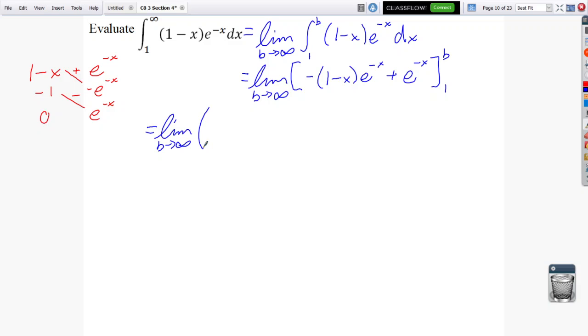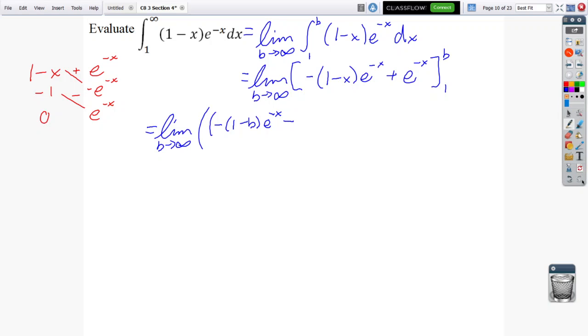We know that we have to evaluate at the upper, so we're going to have negative quantity 1 minus b times e to the negative x. Nope. Why did I put x there? I need to plug in my b.